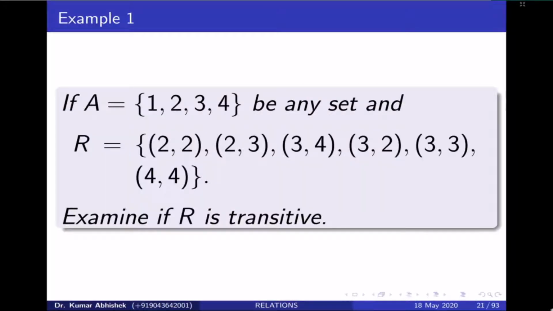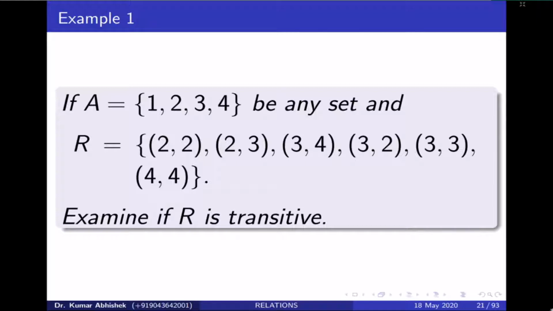To have a better understanding of the method we are going to discuss, we will recall the technique we used to investigate whether a given relation is transitive or not.